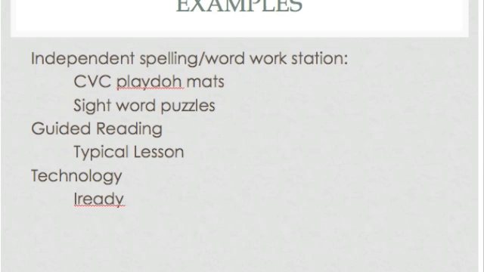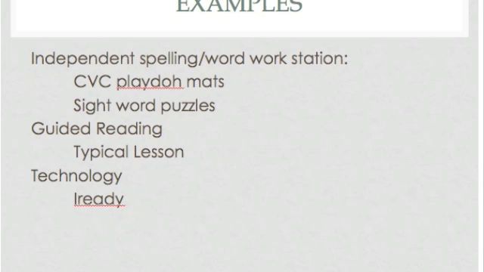Some of the things that I would use in the intervention in my word workstations would be things like CVC Play-Doh mats, where they have to form the letters and sound out the words using picture cues, and sight word puzzles, which are an engaging activity where they would have to read the word, then complete the puzzle.